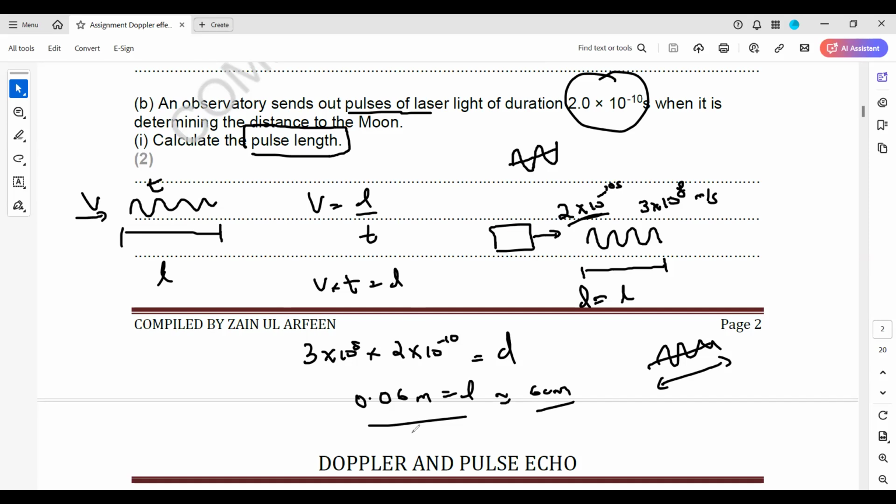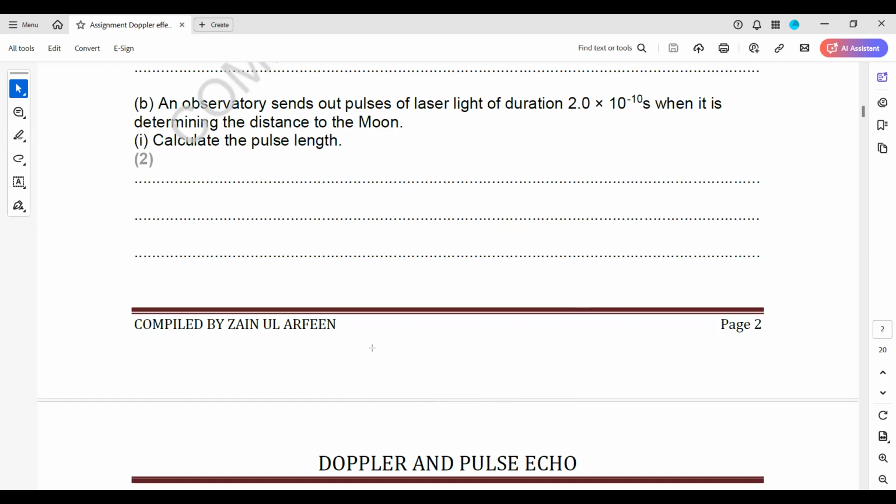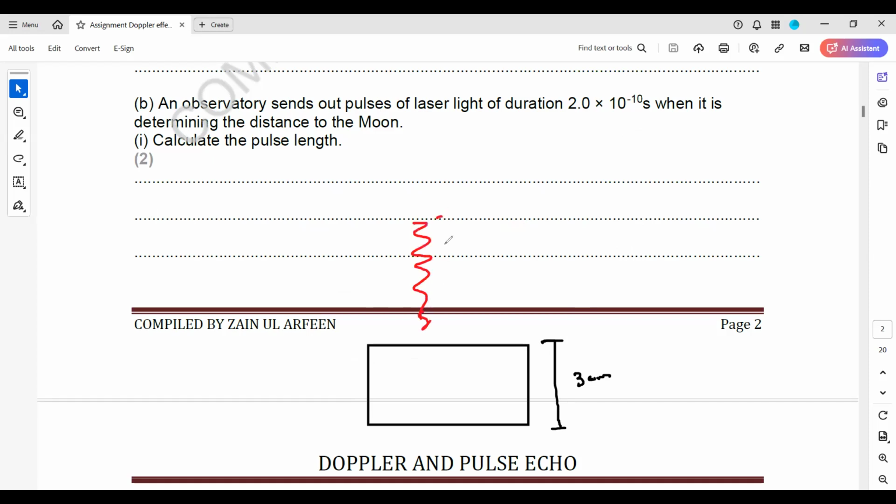And remember the relation. For example, if an object is there which has a thickness of, say, 6 centimeter, or say 3 centimeter, and I'm using a pulse which has a length of 6 centimeter.